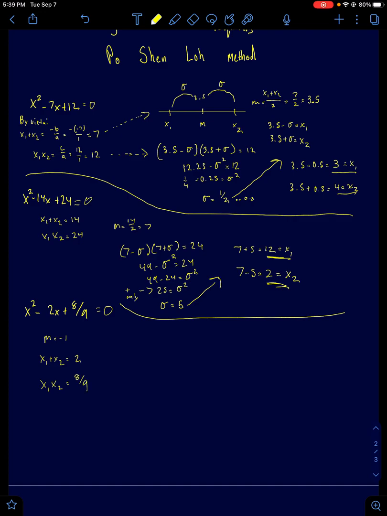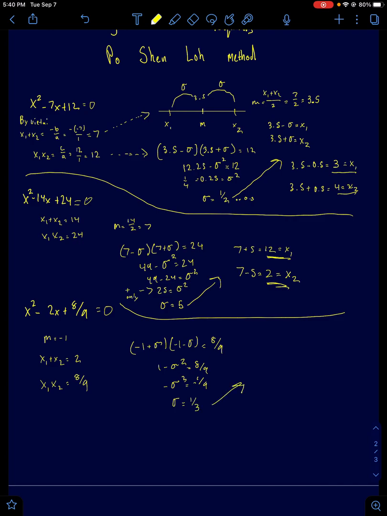Therefore, our midpoint plus sigma times our midpoint minus sigma is equal to 8 over 9. So we get 1 minus sigma squared is equal to 8 over 9, so sigma squared is equal to 1/9. Therefore, sigma is equal to 1/3.